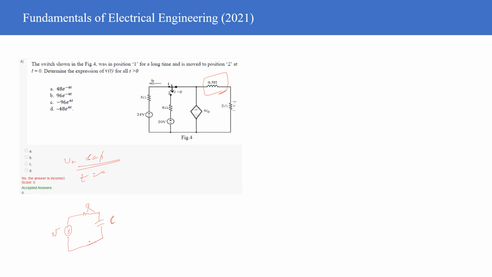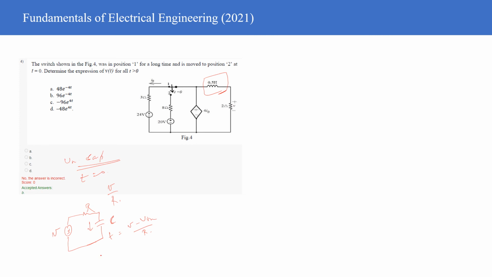And the current flowing will be equal to voltage by R, right? If there is some charge present on the capacitance because of which there is some initial voltage, then the current flow will be equal to V minus V initial divided by R. This you have to remember, right?